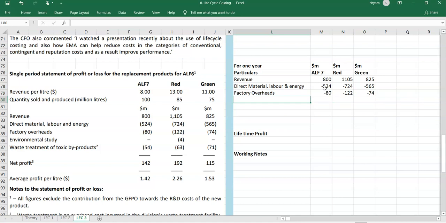So environmental study we can't take here because it comes under life cycle. So we'll put it here.